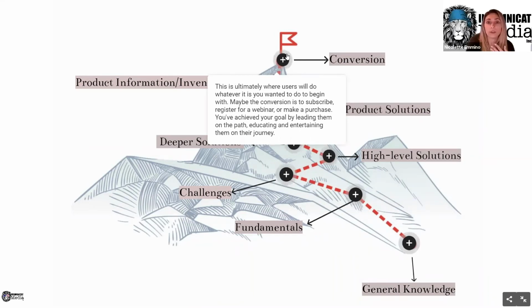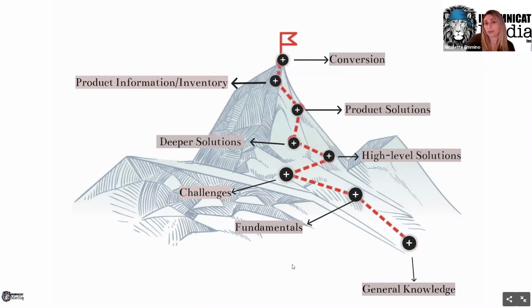And so I want to point out one other thing. It's not just about one article that solves all of these. It really applies to all of these points on the mountain. So it could be 10 types of articles that talk about fundamentals around a specific topic, depending on how many facets there are to whatever it is that you do.